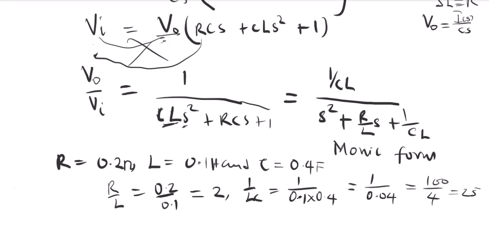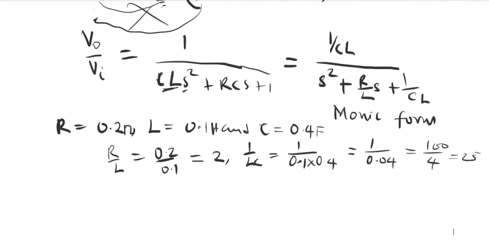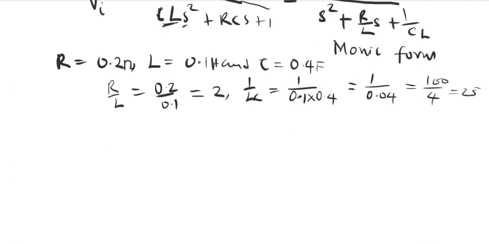So now we come back and replace in our equation. Our transfer function T of s becomes 25 all over s squared plus 2s plus 25.